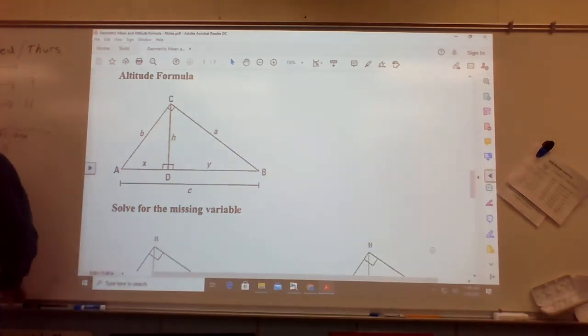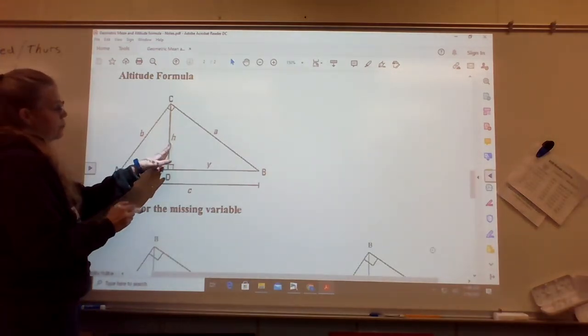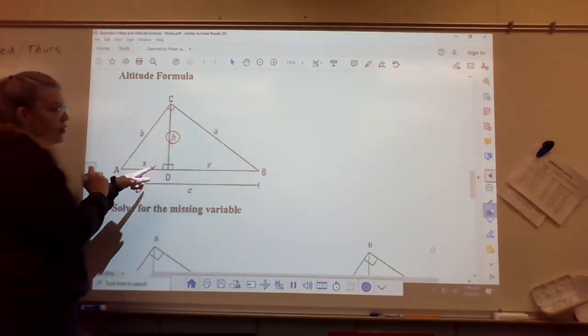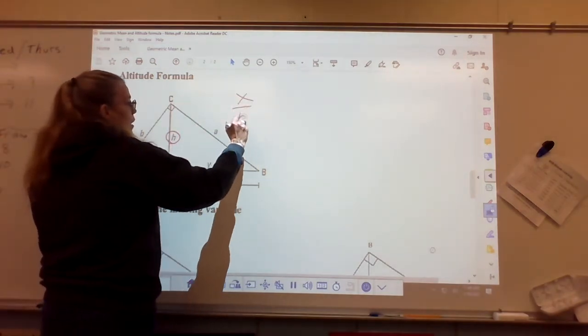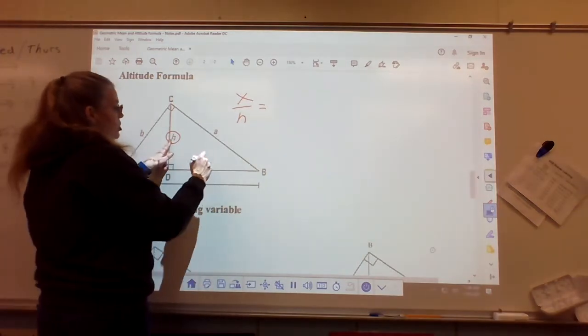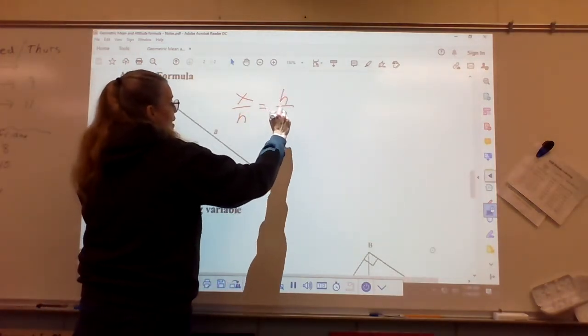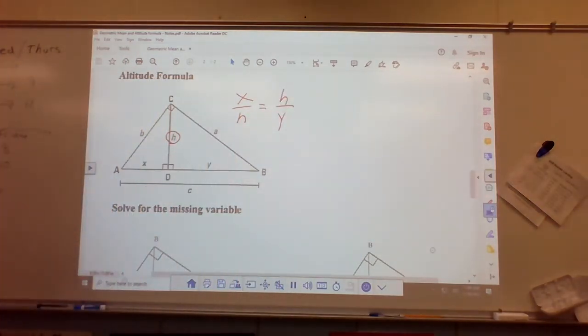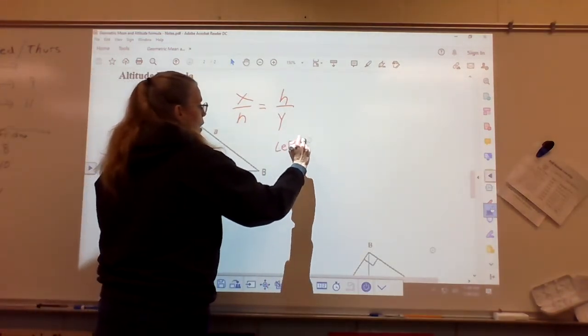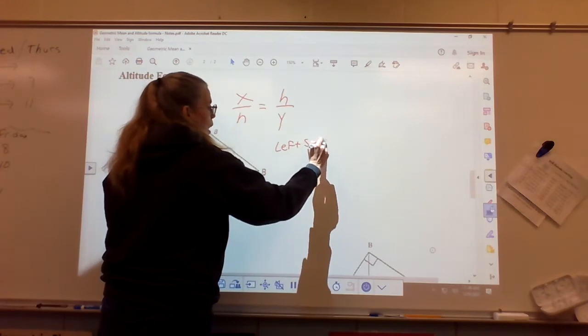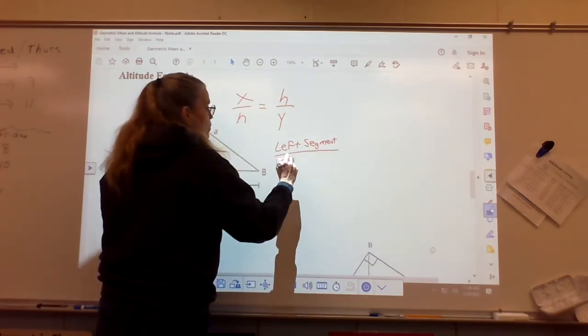So my formula that I'm going to be using, remember H is used for both. So X over H equals H over Y. H is the geometric mean. Or I can think of it as left segment over middle.